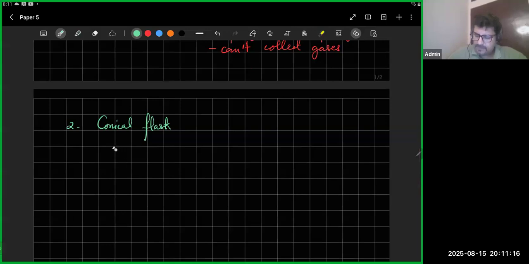What a conical flask looks like is, so the conical flask would be, yeah, conical flask. अच्छा, so a conical flask mainly it's not used for storage.